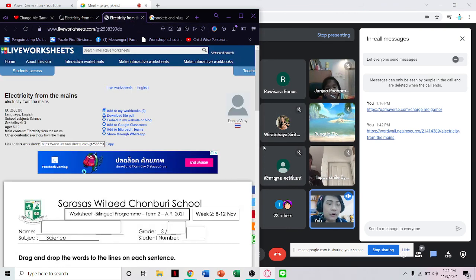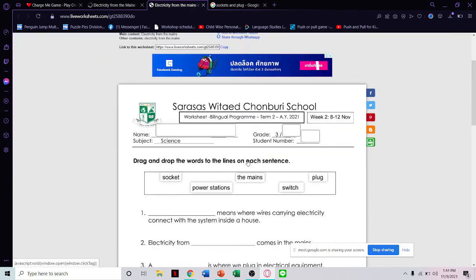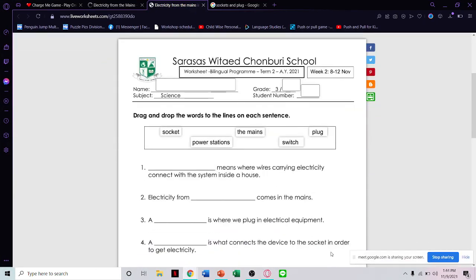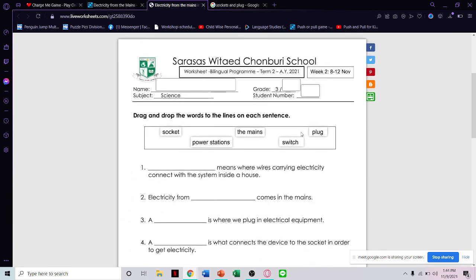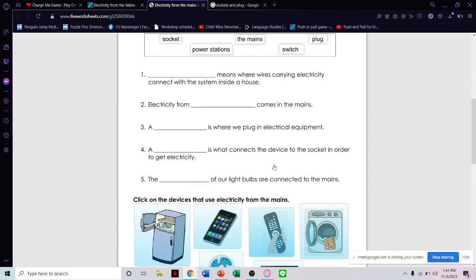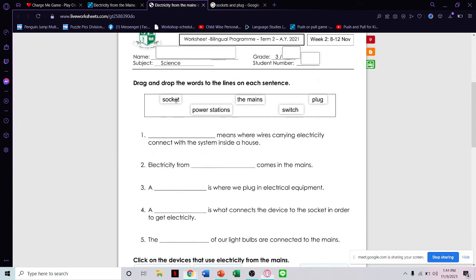Okay, now if you're finished, look at the live worksheet. Can you see it? For the live worksheet, don't forget to write your name, grade, and number. Now we have 2 parts, part 1 and part 2. Part 1, you just have to put the words on the line. We have socket, power stations, the mains, switch, and plug.